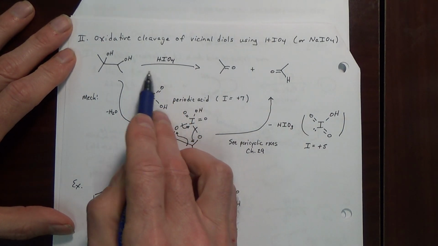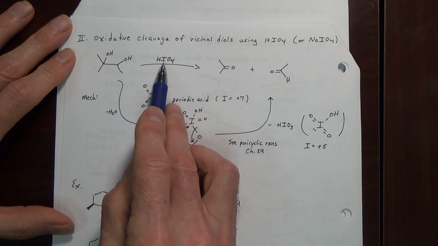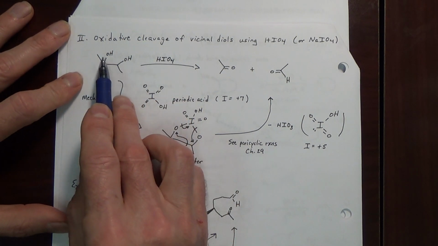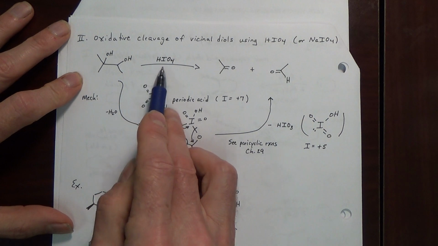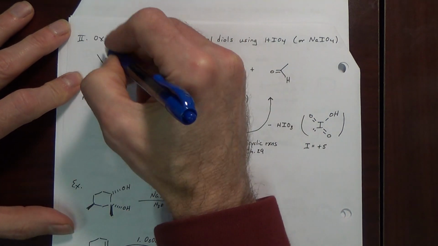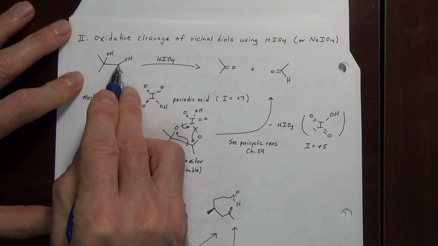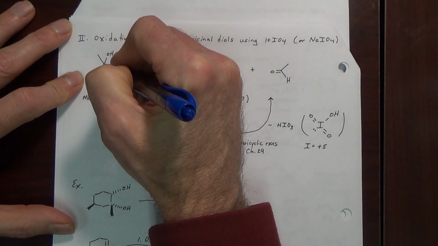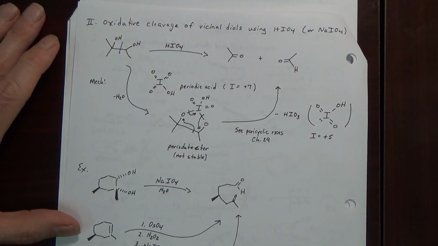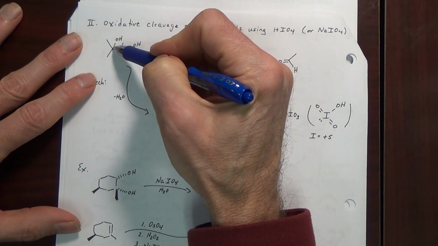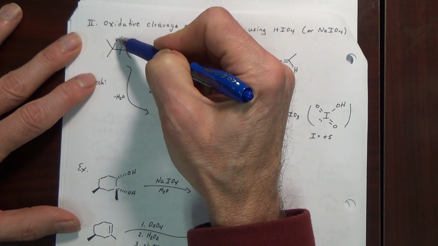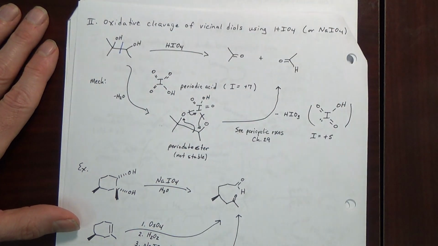If you take one of these reagents, here we have periodic acid and a cis-vicinal diol, it will cleave this, okay, the carbon-carbon bond, the carbons that each have an OH group, will cleave here, and then the carbon will end up being double bonded to the oxygen.